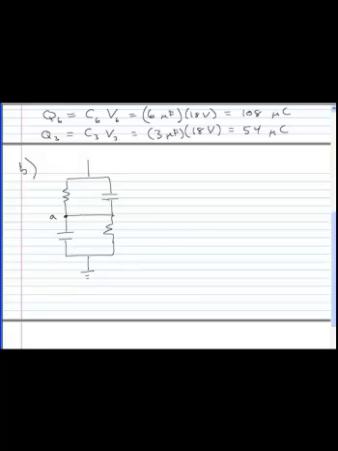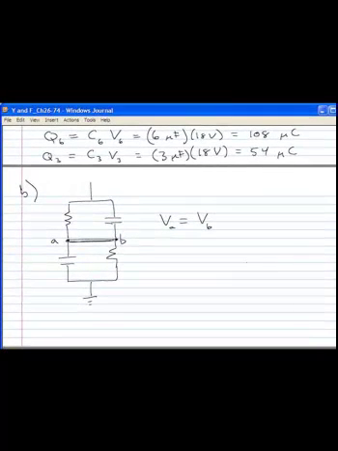Here's A, here's B. So the voltage at A better equal the voltage at B because they are shorted out by that switch. That switch is a perfect conductor, and it's shorting out A and B. So VA and VB are the same now. Delta V AB is 0. VA equals VB.